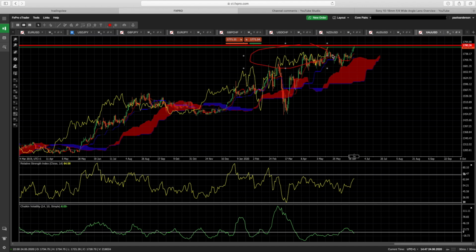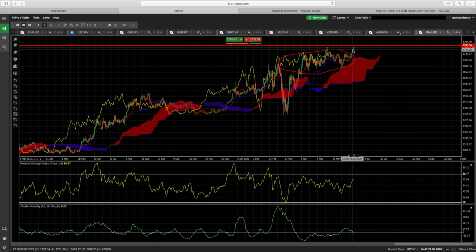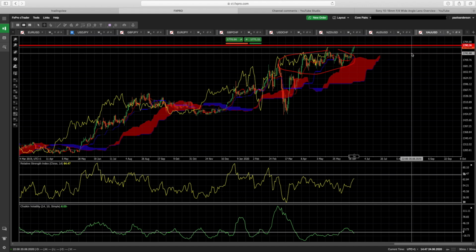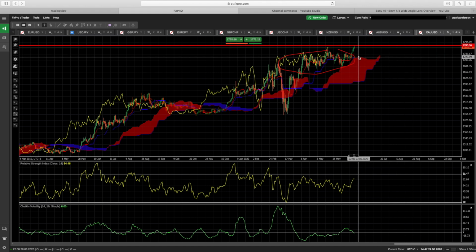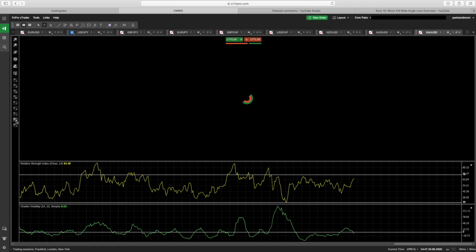And look where we are with price action. We consolidated all the way through this point, and we broke above the 1745 mark, and we are heading up to the 1780 mark.